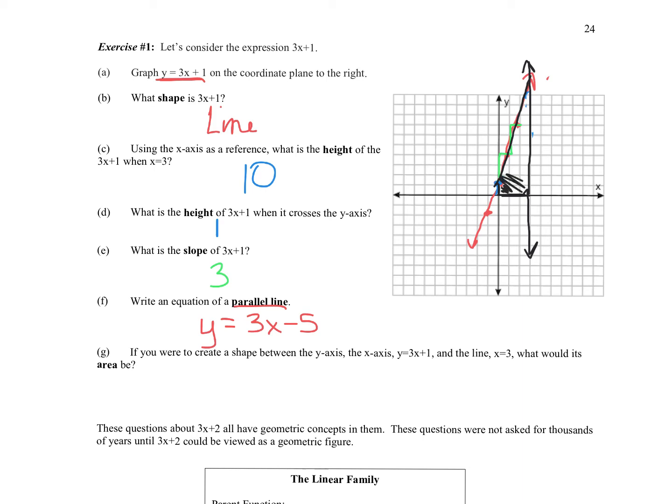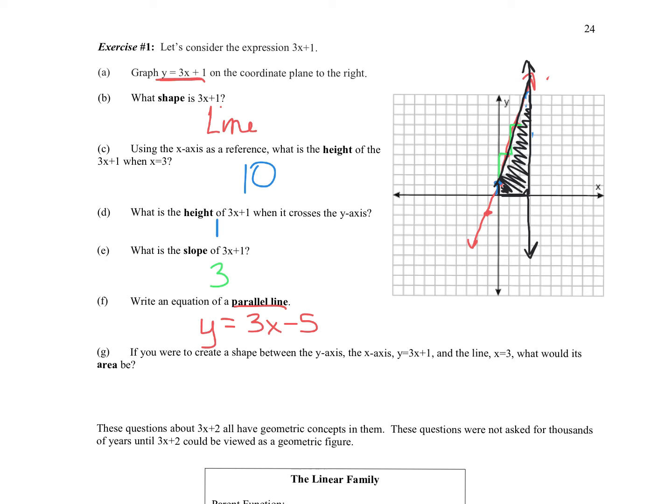So basically I'm talking about this shape that's created here, okay? What would its area be? So here's a really geometric term, area, correct? And now we're talking about it with algebra, right?